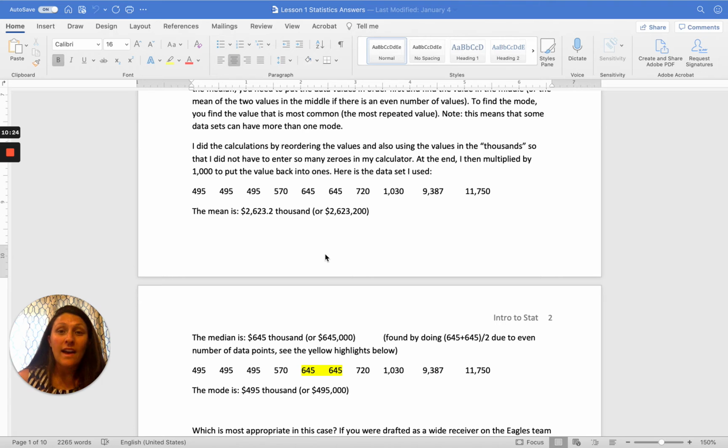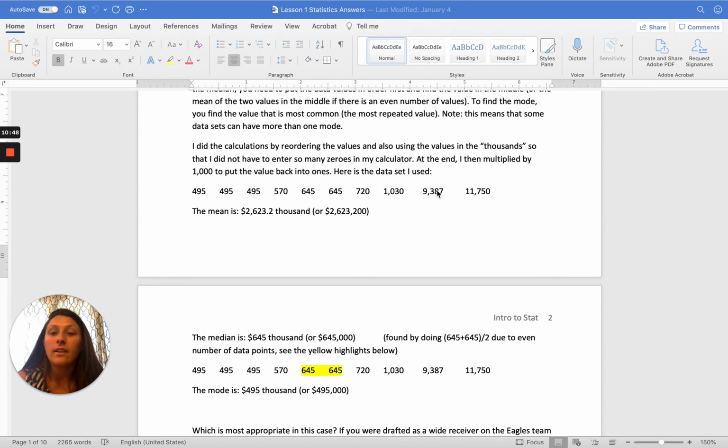So the reason why outliers bias the mean is because of the way the mean is calculated. The mean is calculated by adding up all of the numbers in your data set, and then dividing by however many there are. So if you have numbers that are way bigger than the rest of your values, of course that's going to bring the sum higher than the rest of the data points.